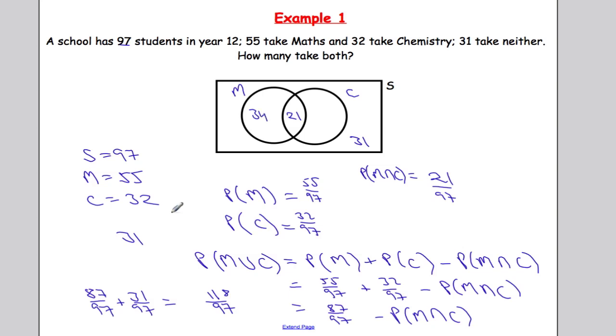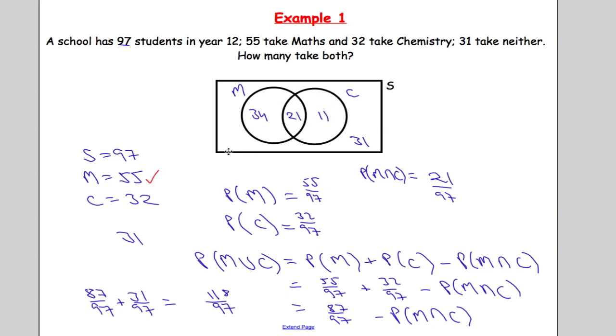Similarly, for chemistry, I know that 21 are taking chemistry here, but there's 32 people in total. That means 11 people must be in here. So if I'm asked how many take both, there's 21 people taking both. And I can double check my answer. Let's make sure everything adds up. 34 and 21 is 55, so that's good.